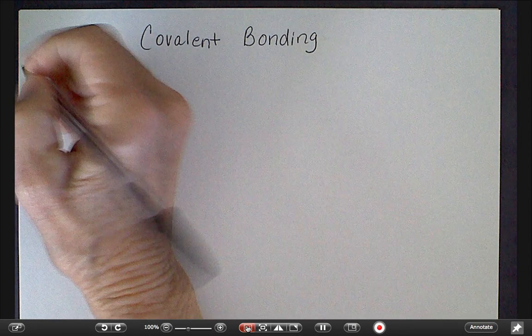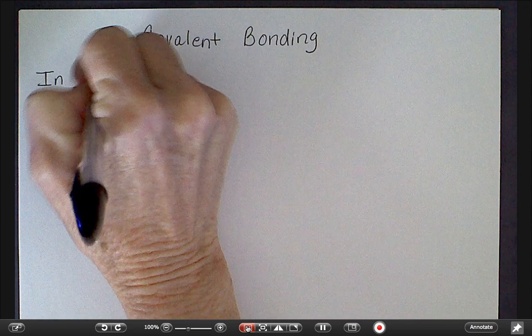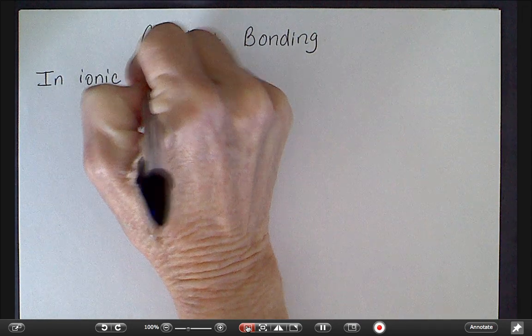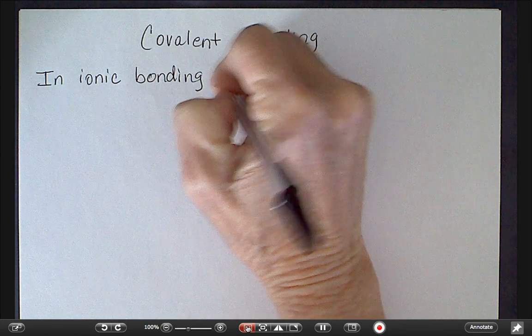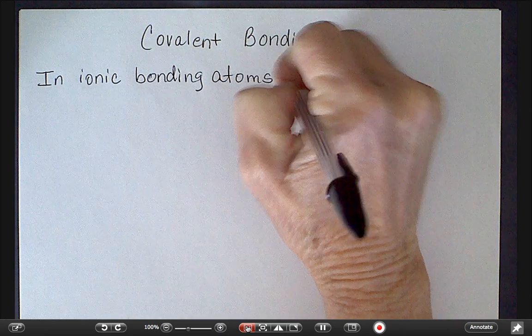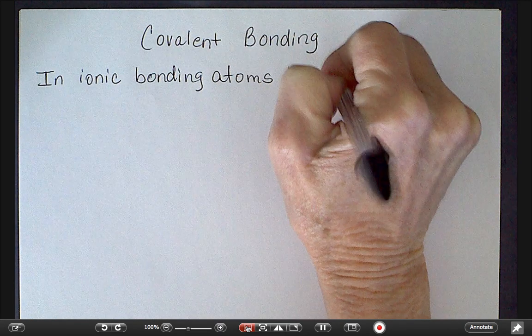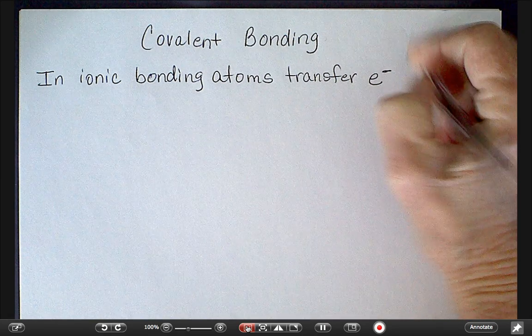In ionic bonding, atoms transfer electrons from one atom to another.